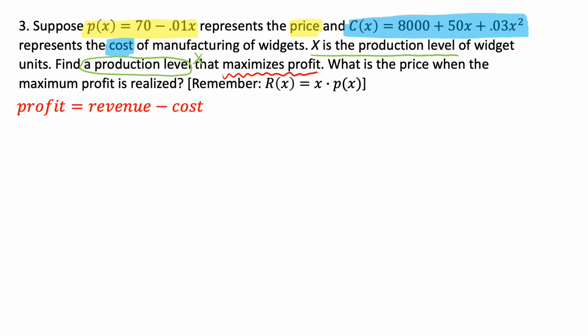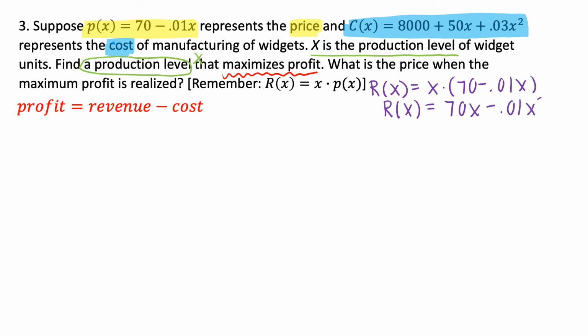So our revenue equation, R of x, is equal to x, the number of units, times P of x, the price. So R of x is equal to our number of units x, which we don't know, times P of x, which they gave us as 70 minus 0.01x. So our R of x equation, our revenue, is 70x minus 0.01x squared.